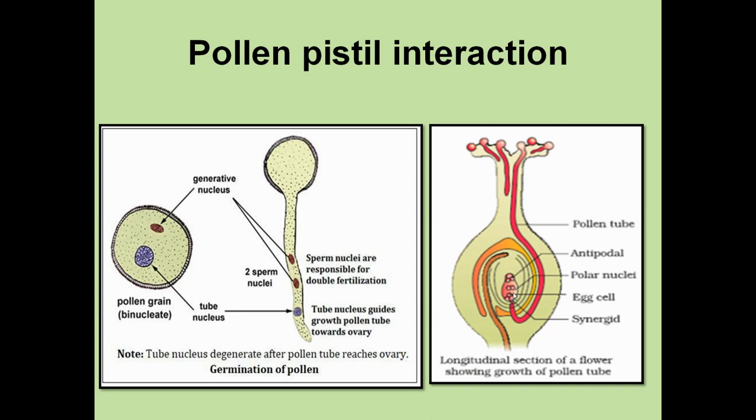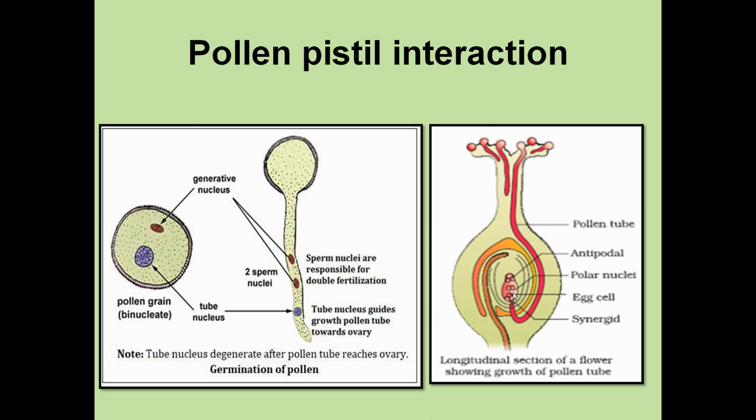The pistil has the ability to recognize the pollen, whether it is of compatible type or incompatible one. If the compatible pollen land over the pistil, it promotes post-pollination events that bring about fertilization. If the pollen is of incompatible type, the pistils simply reject that pollen by preventing pollen germination on the stigma or the pollen tube growth in the style.